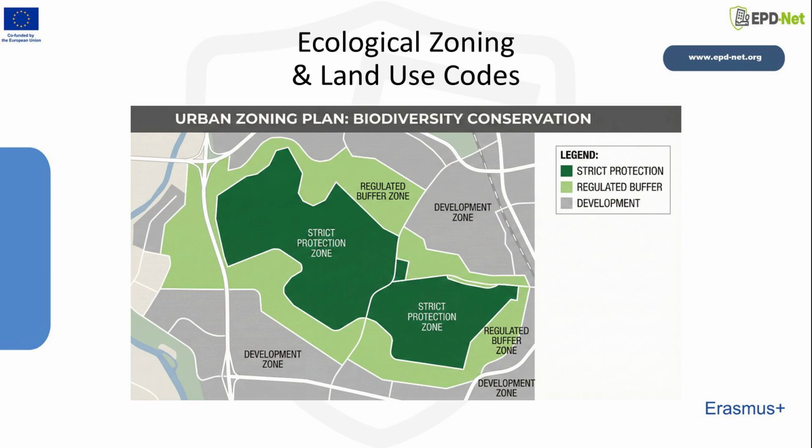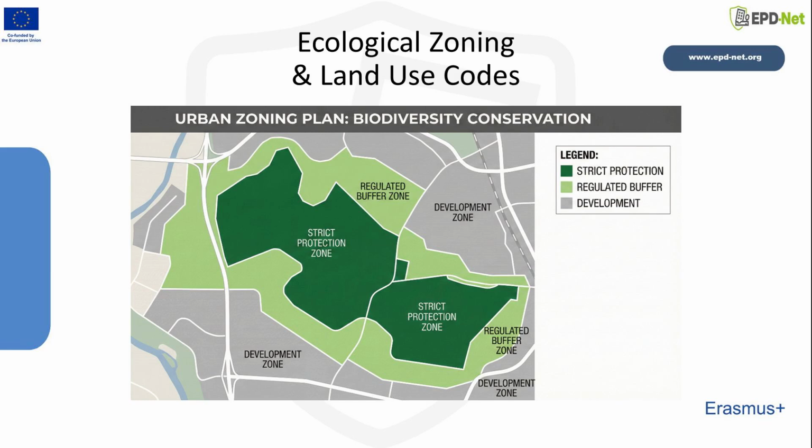Beyond zoning, land use codes provide a powerful regulatory mechanism to mandate small-scale restoration practices across the entire city. By requiring biodiversity-friendly practices in all new developments, these codes can effectively turn the development process into an engine for ecological enhancement.